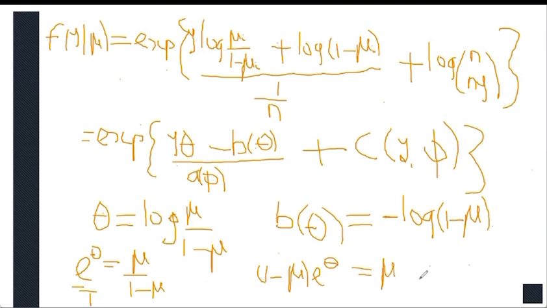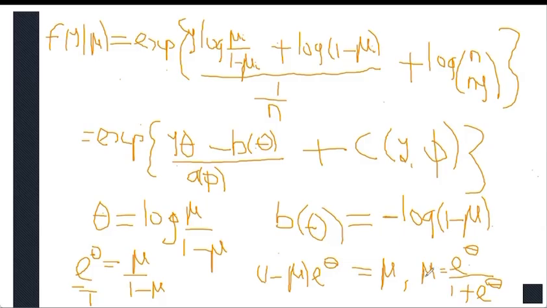By the time you are done solving for mu, you obtain e raised to power theta divided by 1 plus e raised to power theta. That is exactly what you're going to get.